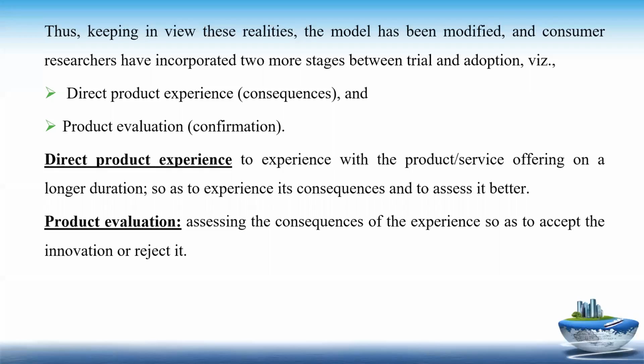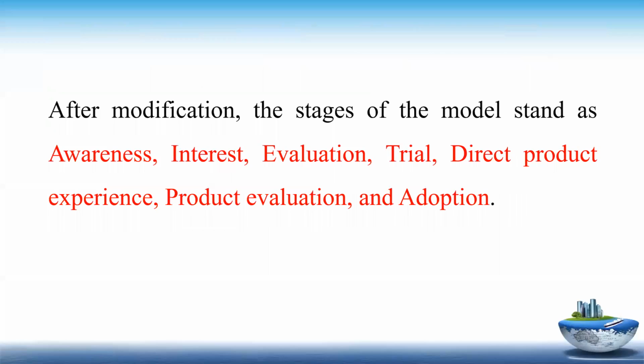The second one is product evaluation, assessing the consequences of the experience. Once we have experienced the product for a longer period of time, we evaluate the consequences of the experience, and on that basis we can accept or reject the innovation.